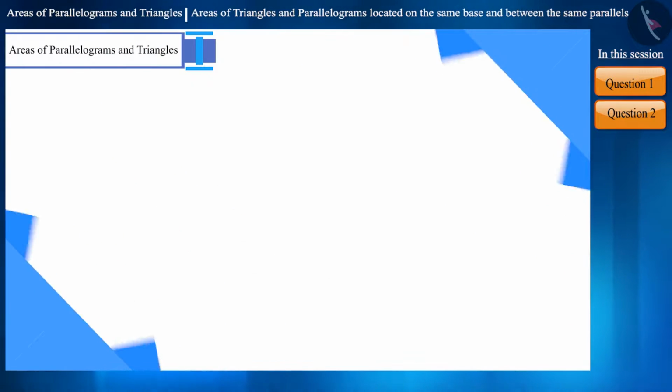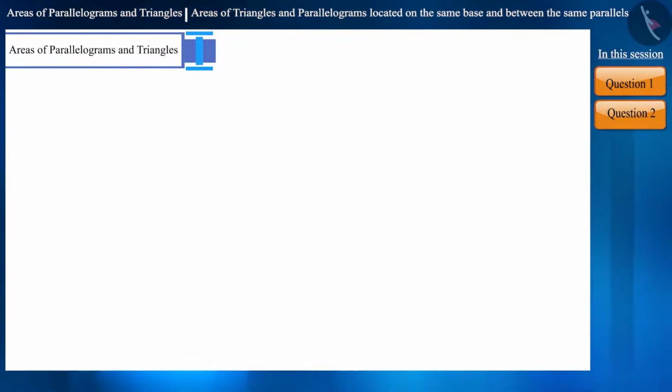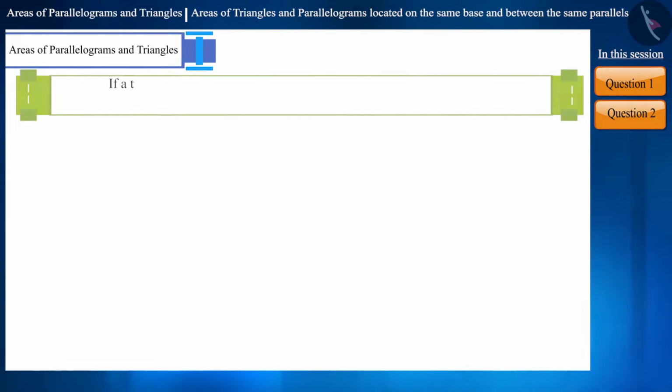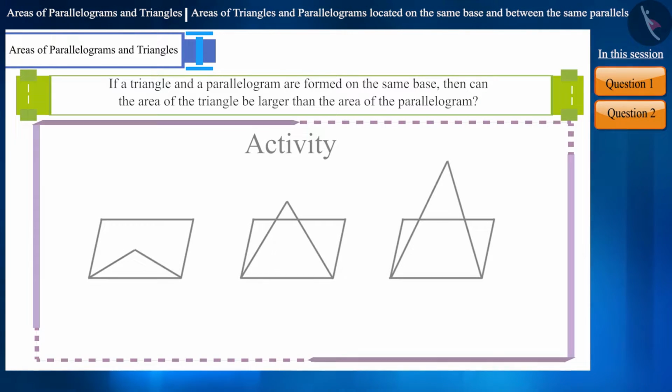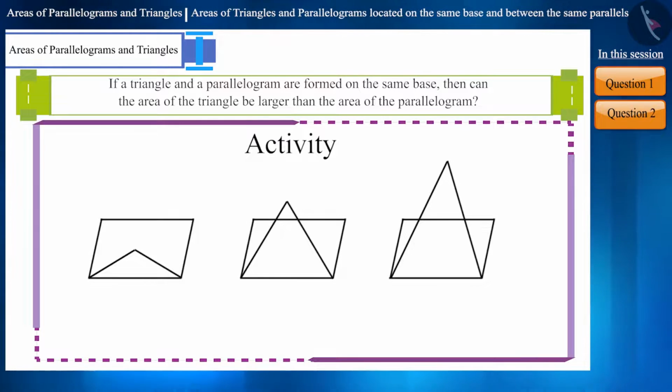Before we end the video, we have a question for you. If a triangle and a parallelogram are formed on the same base, then can the area of the triangle be larger than the area of the parallelogram? Try to find the answer with the help of this activity.